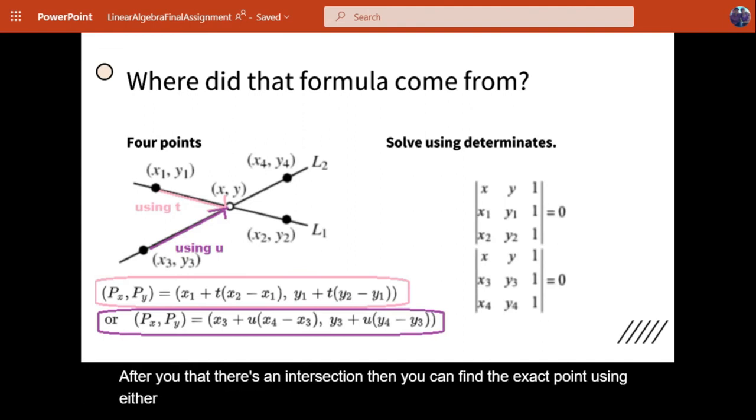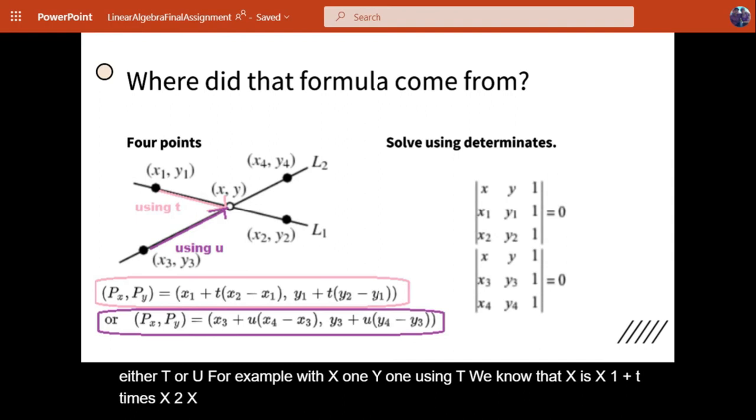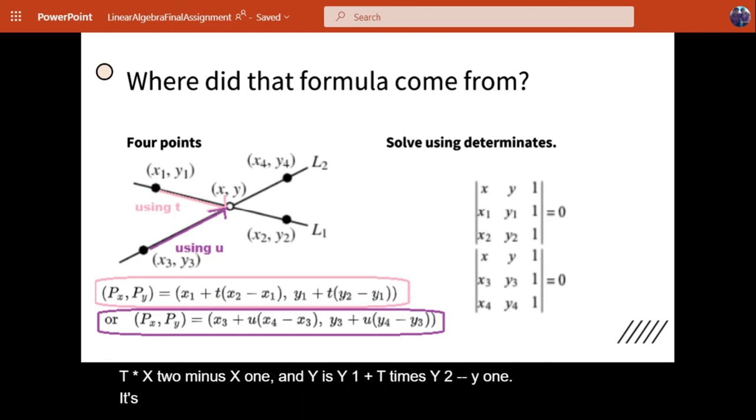For example, with x1, y1, using t, we know that x is x1 plus t times (x2 minus x1), and y is y1 plus t times (y2 minus y1). It's just change in x multiplied by the scalar factor t.